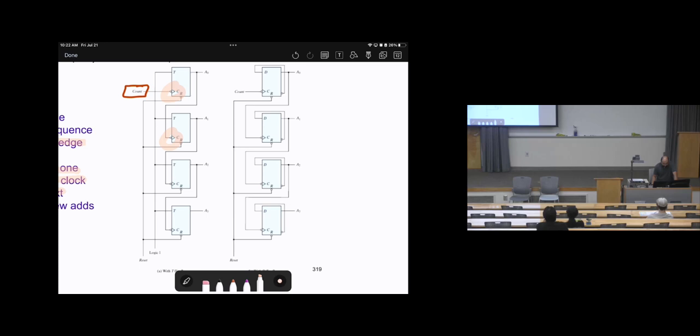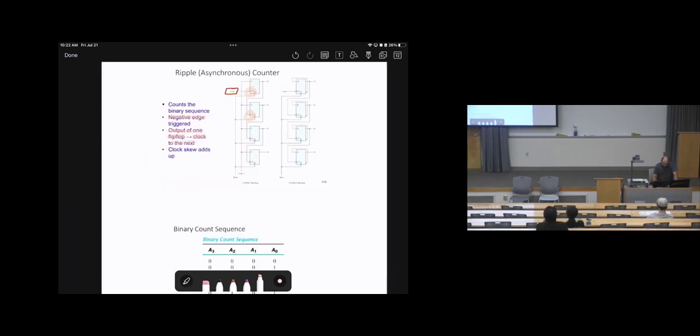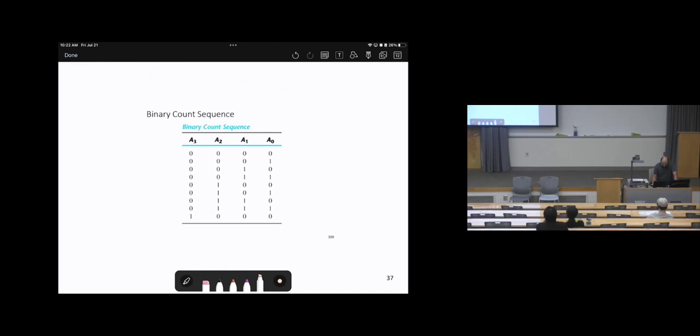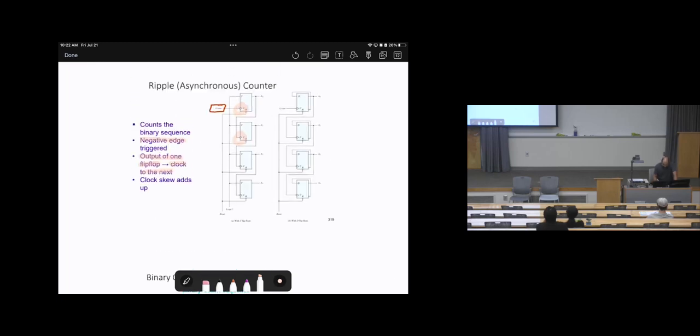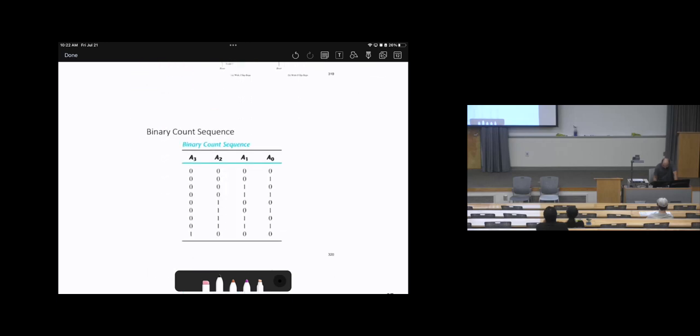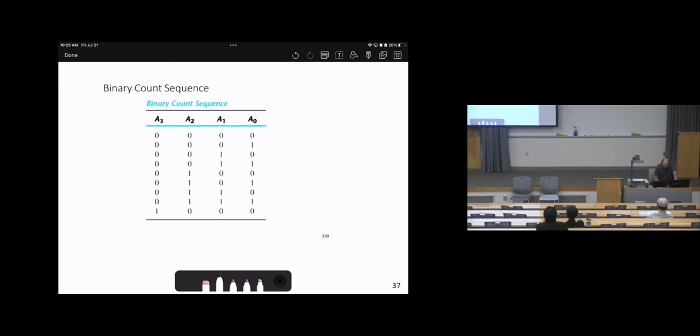So how can we achieve this using T flip-flop or D flip-flop? Let's make a study to make a binary count. So here we are using 4 bits, and we need to make some binary count sequence like 0000, 0001, 0010, and so on. Sometimes we can connect this to the BCD. We know the BCD system, it is from 0 to 9.